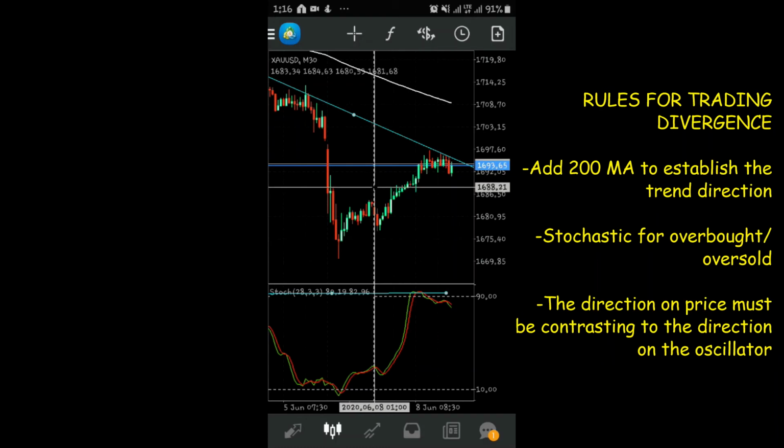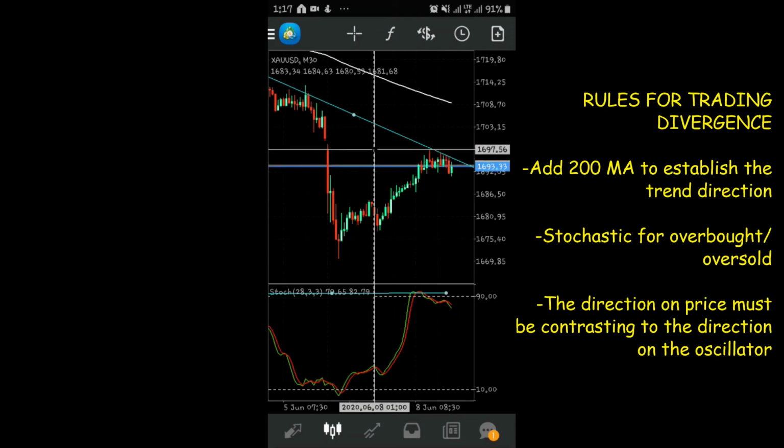Now 88.2 from, let's say the trend started at 95 to 88.2, that is 95 to 88 will be like 7, 8. So I'm taking 8 points, then half of it will be my stop loss.